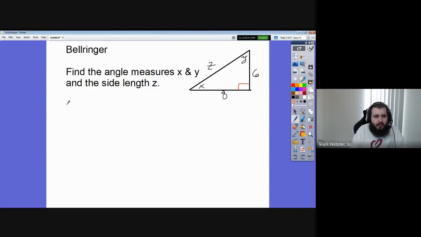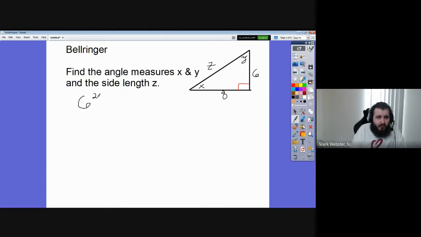But for me, I'm sitting here thinking, all right, well, let's do z because we've got the Pythagorean theorem we can do, right? 6, 8. Now, there's actually a couple different ways that you can do that one.